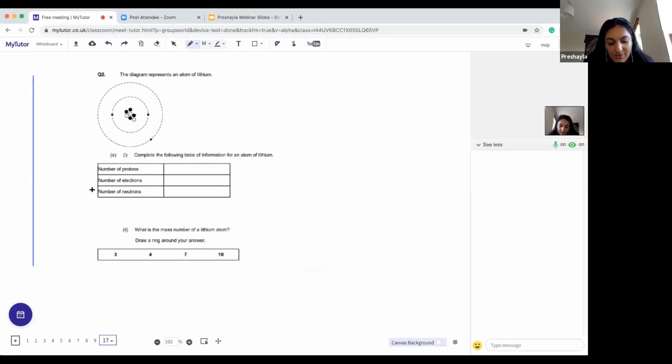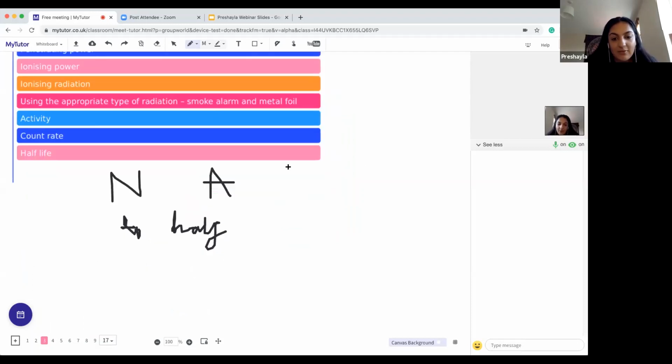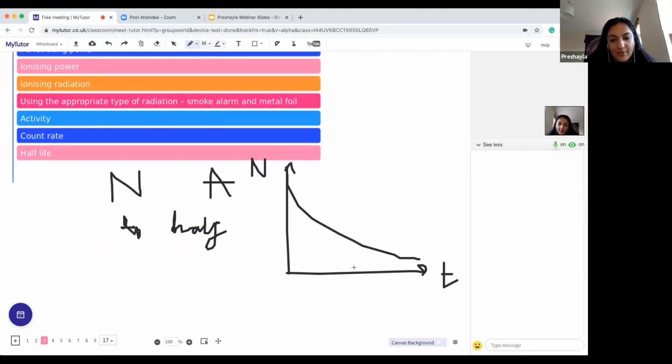Okay, so someone says that they don't understand what half-life is. So let's go all the way back to half-life and remember what half-life is. Let's say we have a graph of time against the number of nuclei, and we have some decay curve. Let's say that this is at time 0, and at time 0 we have 100 nuclei.